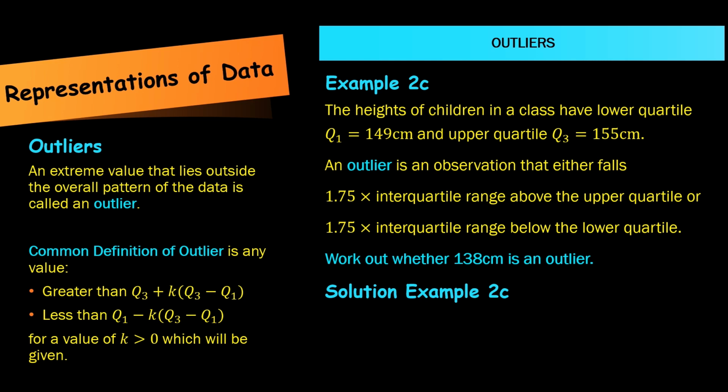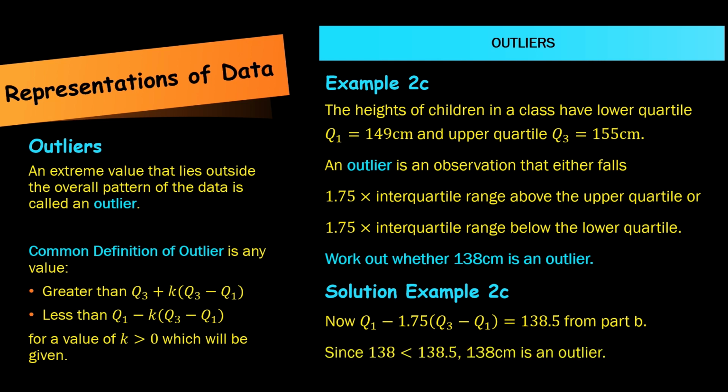So let's solve this. We know that the lower critical value is 138.5 from part B. And therefore, since we have that 138 is less than 138.5, we can safely conclude that 138 centimeters is an outlier.